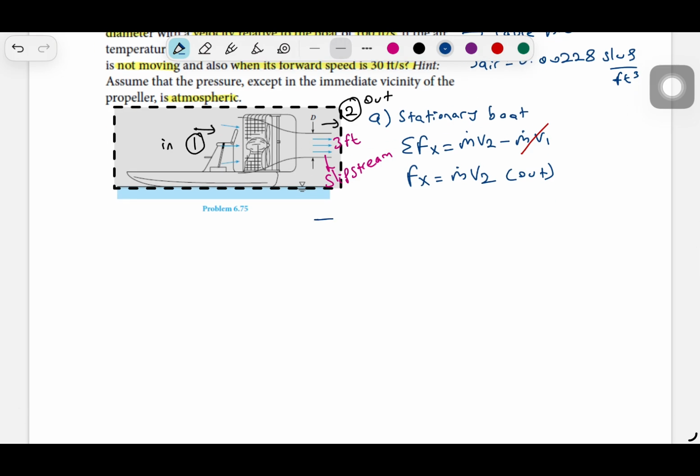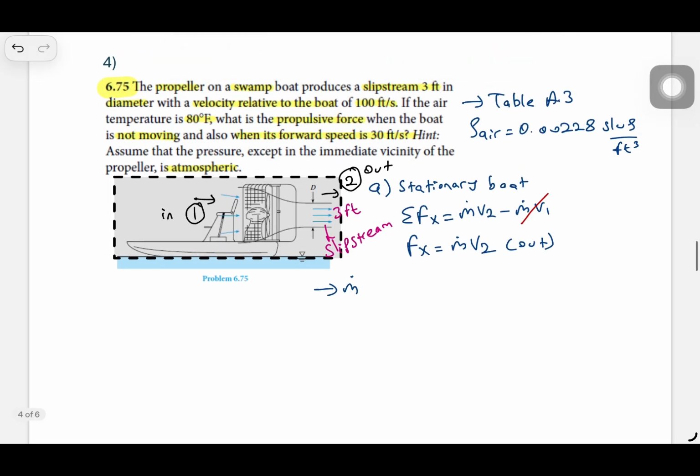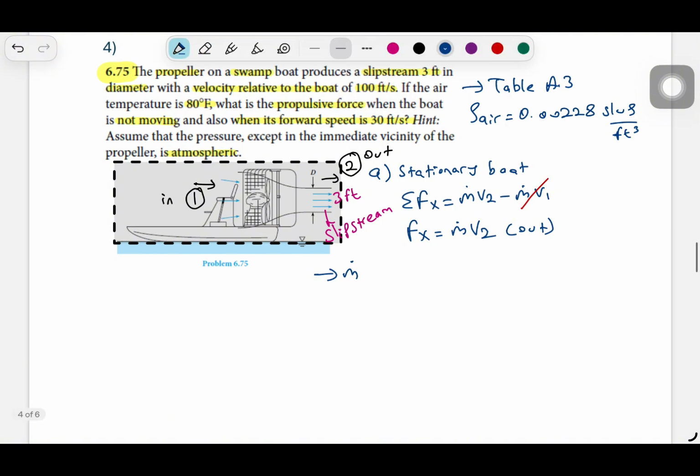And here, to calculate the mass flow rate, m dot, actually the mass flow rate will be the same for the whole system, and it is because inside of this control volume we are using velocity relative to the control volume, so we will use this 100 feet per second for the mass flow rate calculation.